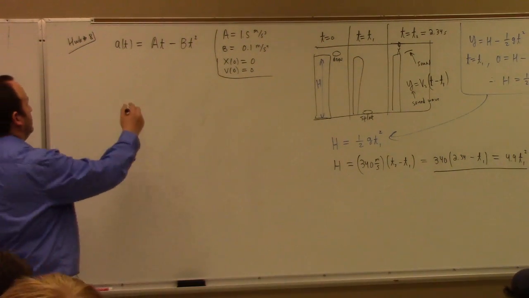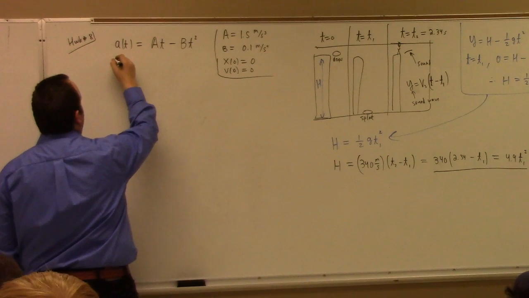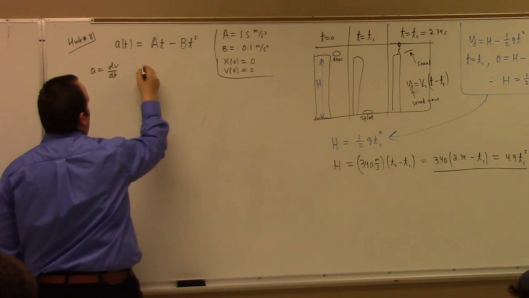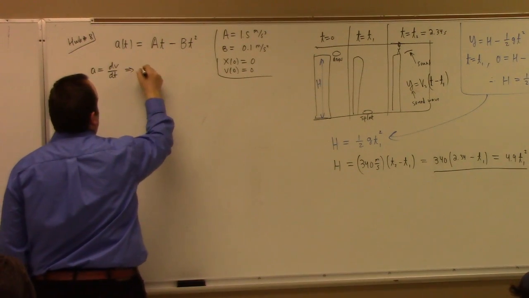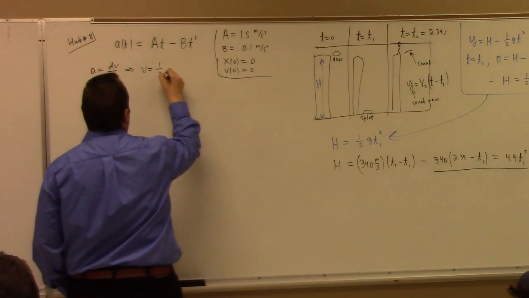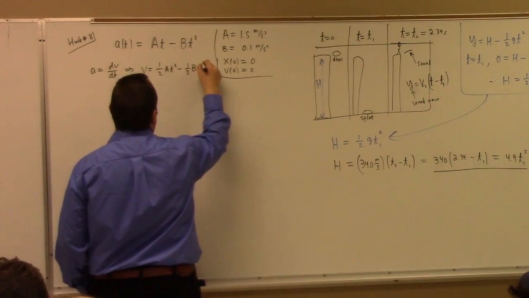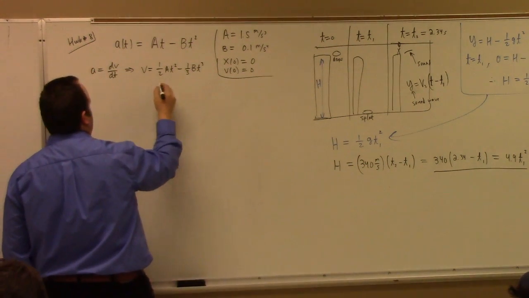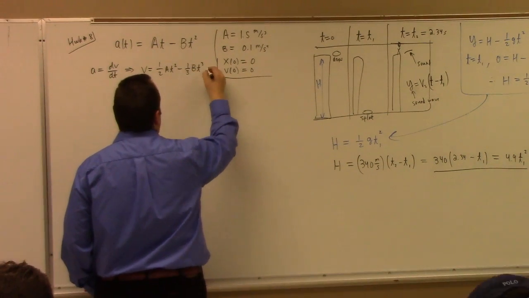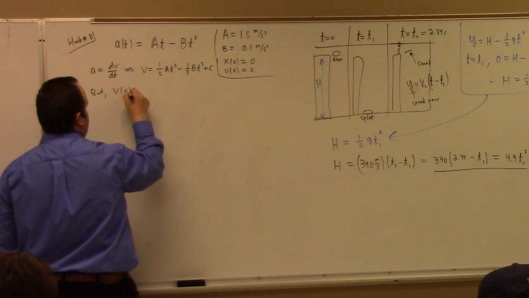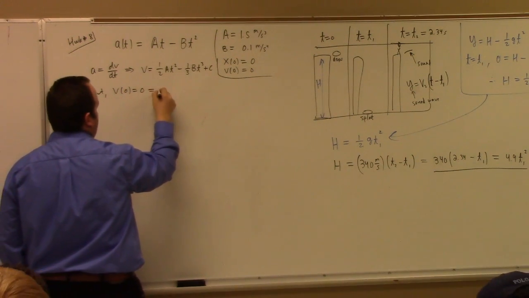All right, so let's do it. a is dv/dt. So that tells me that v is equal to 1/2 at squared minus 1/3 bt cubed. I could say, okay, plus a constant, but v of 0 is equal to 0, and that's also equal to the constant.